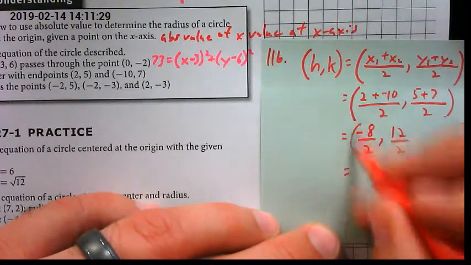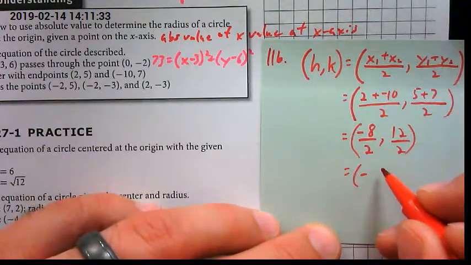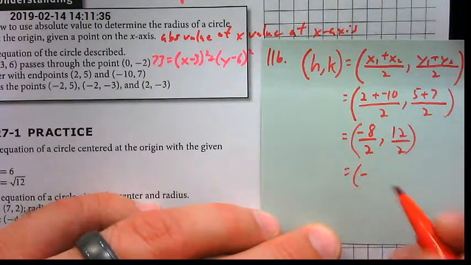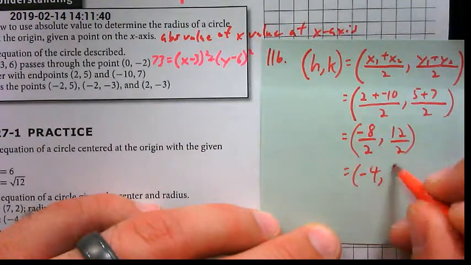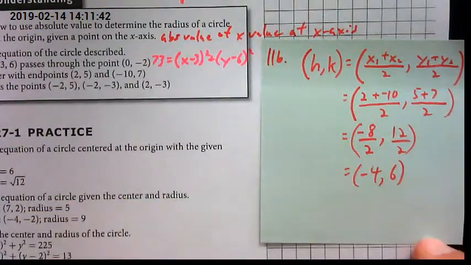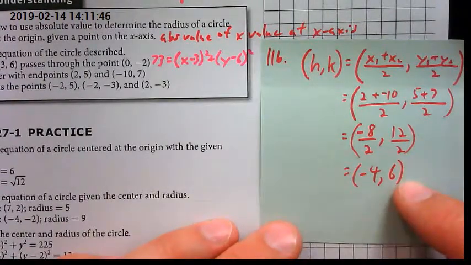So our x value here is going to be negative 4, and our y value would be 6. So now, we have our center point.